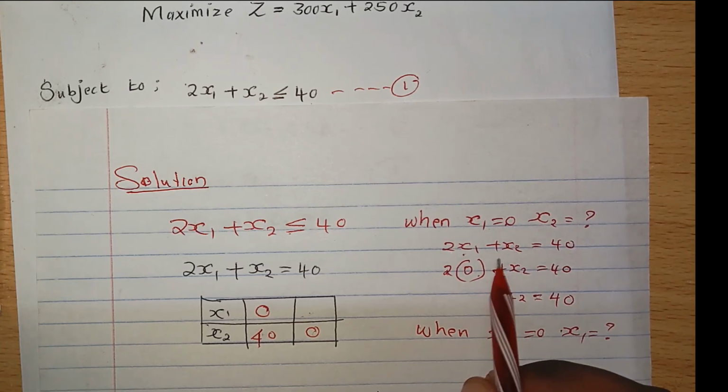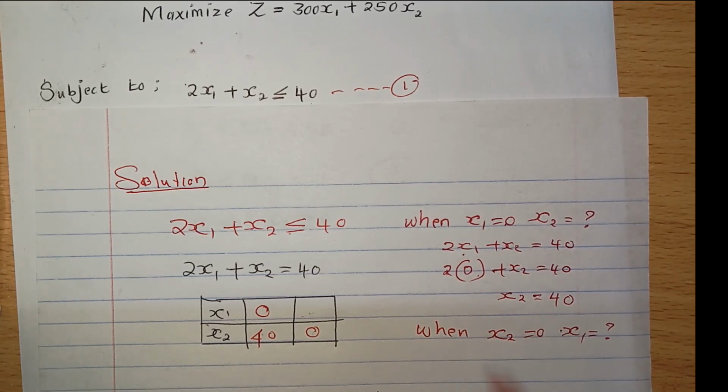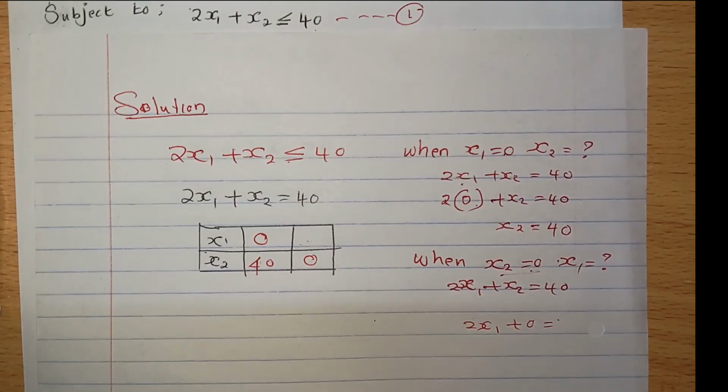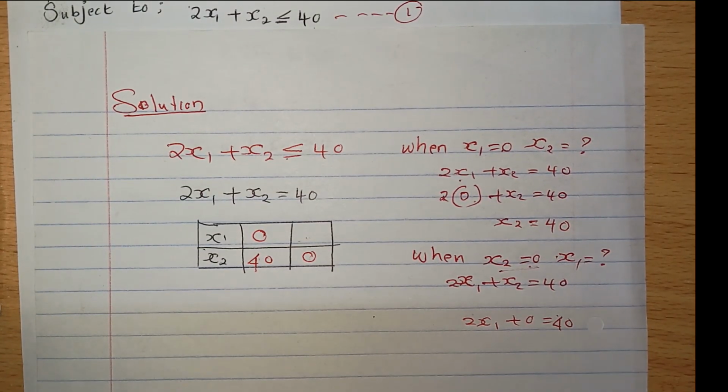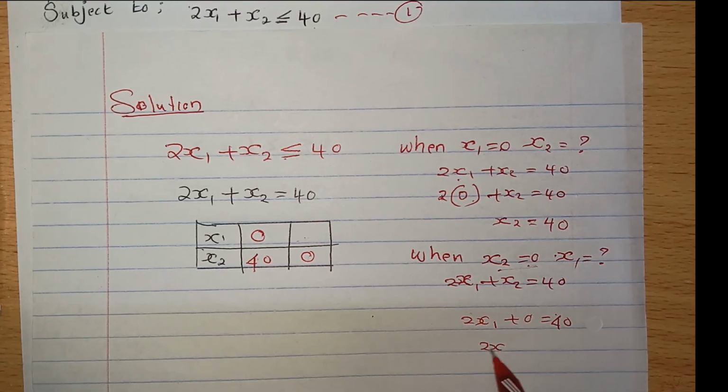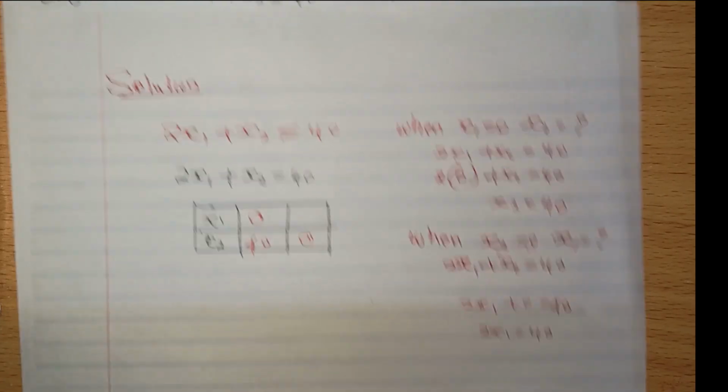Because our constraint function is 2x1 plus x2 equals 40, we are going to replace x2 with 0. So this is 2x1 plus 0 equals 40. So 2x1 is equal to 40.